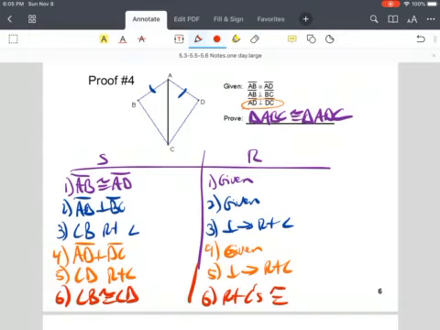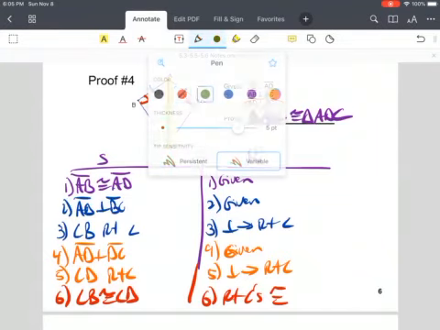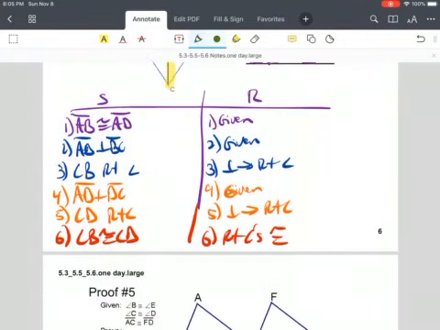And so now I need to look at my diagram and figure out where to go after that. The only other piece of information I can use is the fact that I have AC, which is in both triangles. So when I bring AC in, I need to make sure that I say that it is from reflexive.